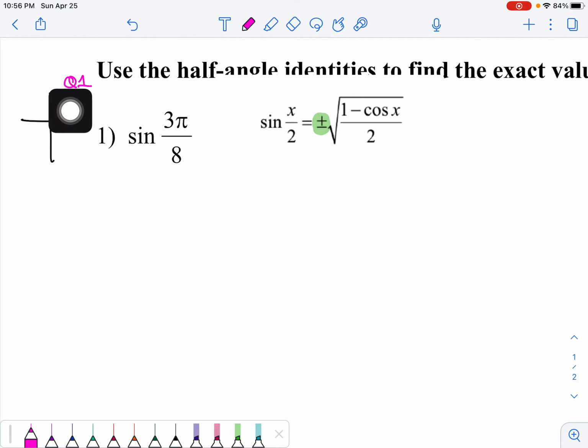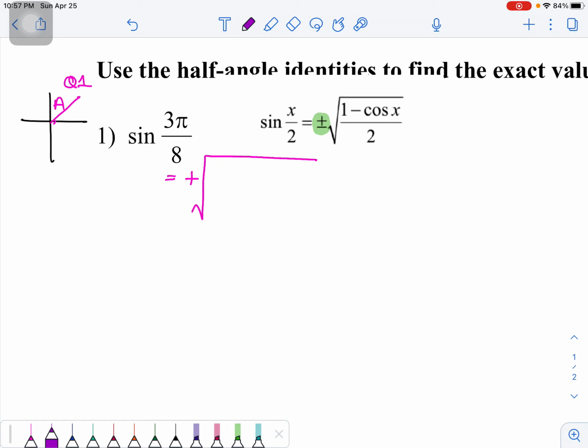Based off the fact that this is in quadrant 1, and I know in quadrant 1 all of my trig functions are positive, I know that this is going to equal positive stuff. So I'll put that plus sign there for the first fraction. Then I'm probably going to ignore it because I don't have to put a plus sign in front of things to know that it's positive. I absolutely have to put a negative sign to know that something is negative.